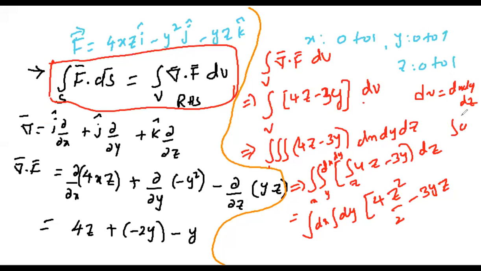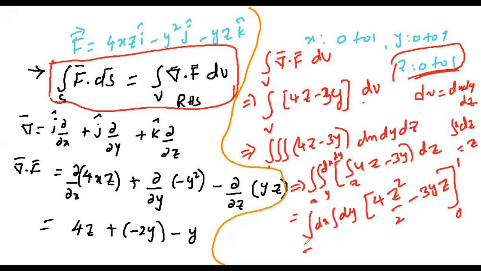So what is the integral of 1 dz? It is z. Now what are the limits for z? 0 to 1. Once I complete the integral, I have to apply the limits.